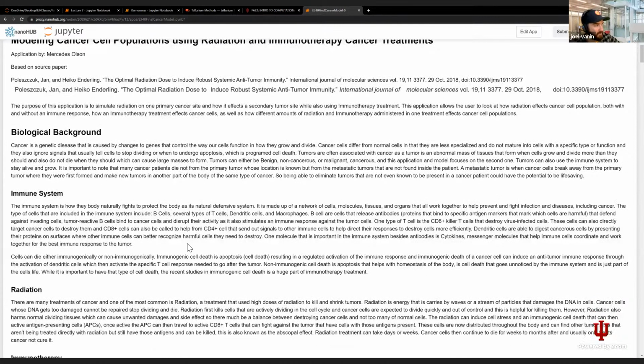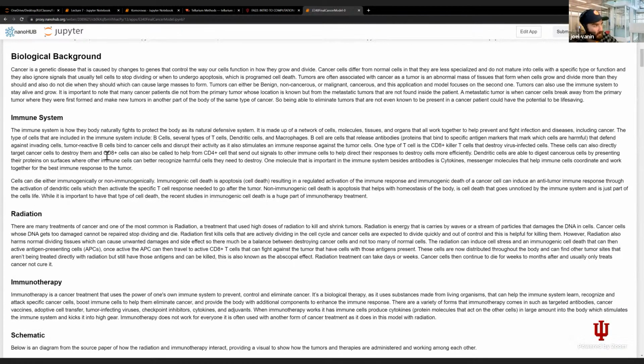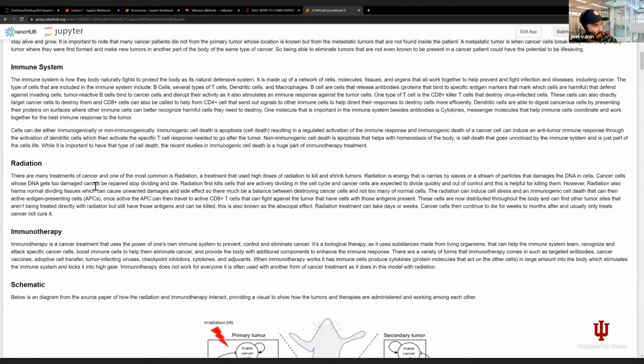So it starts by presenting a little bit of the biological background of what is cancer, and then the role of an immune system in the body, radiation, what is the radiation on the cancer treatment.